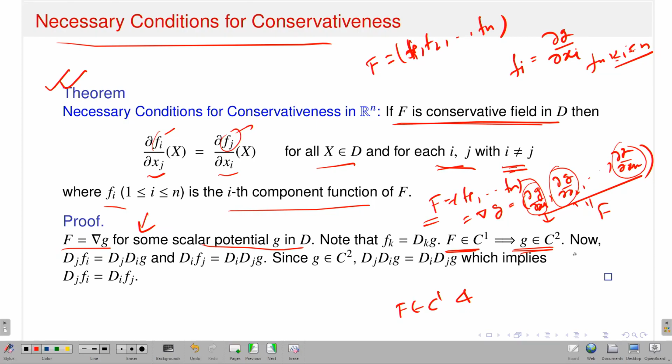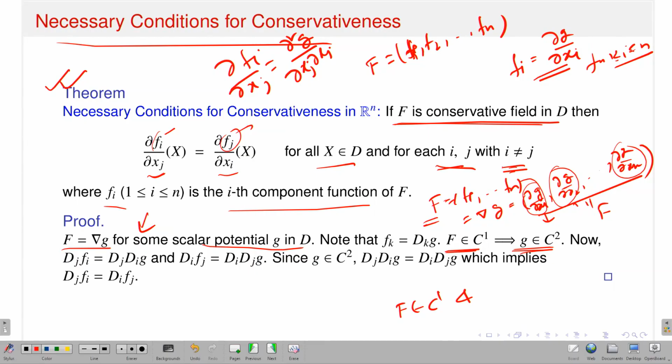Now since g is in C2, I can consider the derivative. So, what is Fi? Fi is del g del xi. Capital F in C1 means del g del xi is once more differentiable. So, I can talk about del Fi del xj, which is nothing but del 2g del xj del xi.